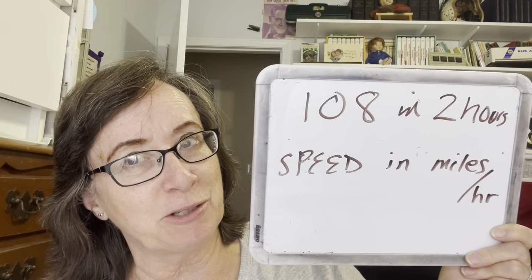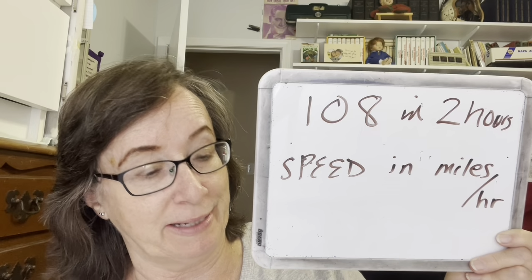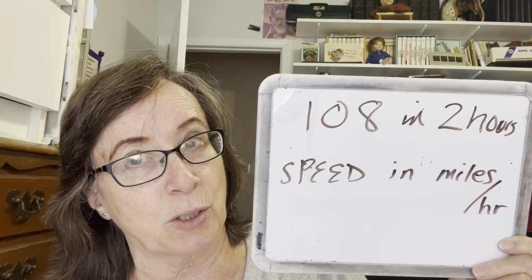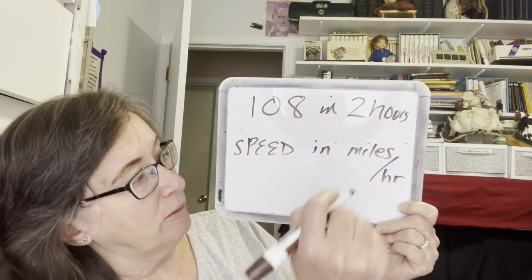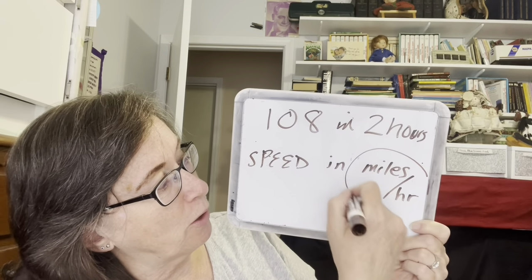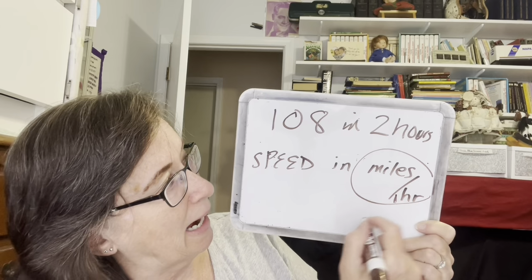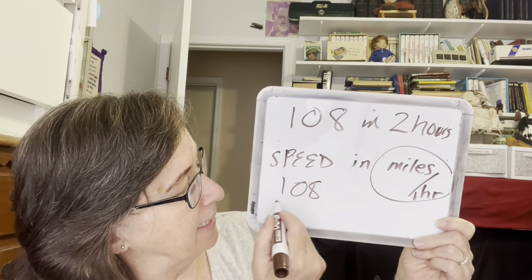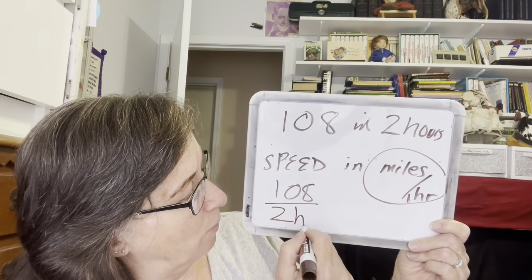Okay, speed is usually in miles per hour here, since we're talking about miles and hours. So we're looking for miles per hour. So now when we're doing miles per hour, don't we assume that's 1 hour down there? So our ratio right now is 108 in 2 hours.